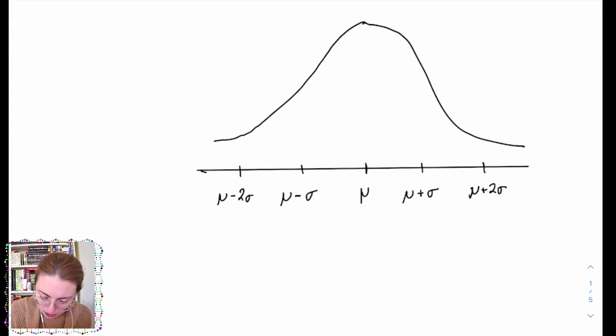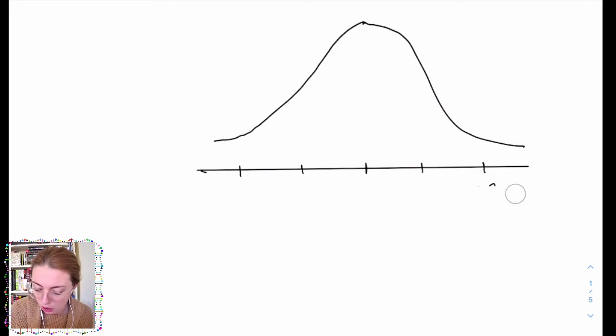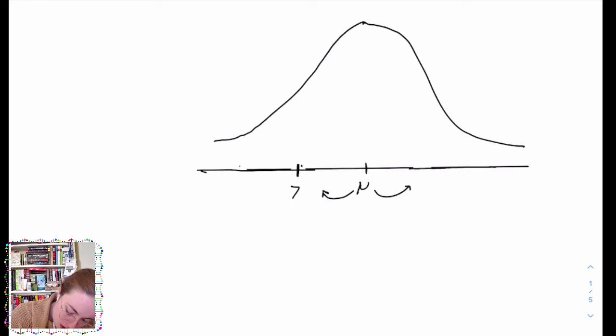Okay, so let's back up a little bit there and see what's going to happen in this problem. So in this question, we don't quite know what our z-scores are yet, but if we just erase these points and imagine that we use just generic z-values, we have our mean here, and we're going to go a little bit above it, 1 week greater, and a little bit below it, and that's going to give us 2 z-values.